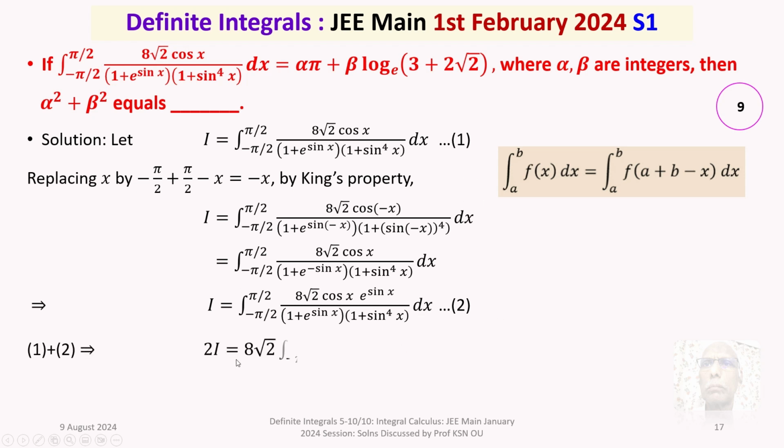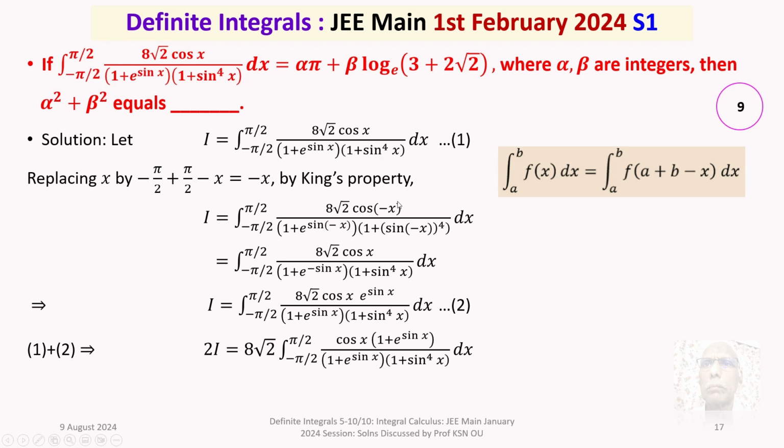we will get 2I is equal to 8 root 2 taken out, integral minus pi by 2 to plus pi by 2, cos x by 1 plus sine power 4x is common, and 1 by e to the power of sine x is also common, and in the numerator you will get 1 plus e to the power of sine x.